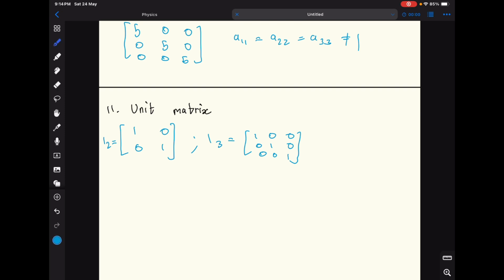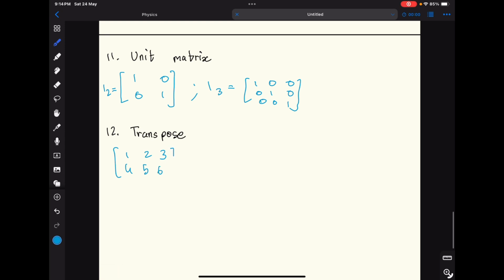Now let's see the transpose of a matrix. For example, if A is equal to this, then the question will come, A transpose is equal to what?